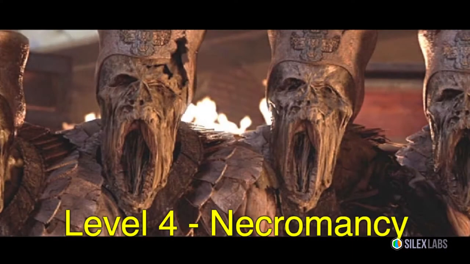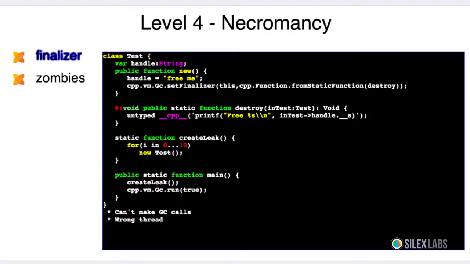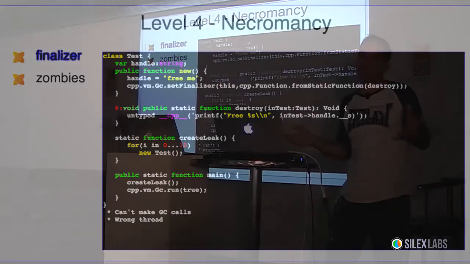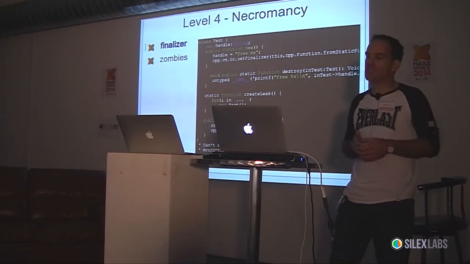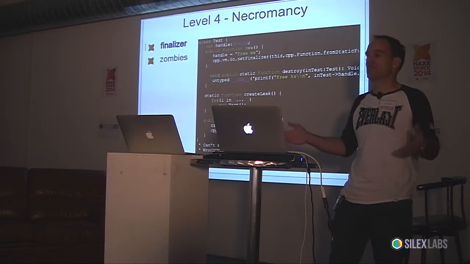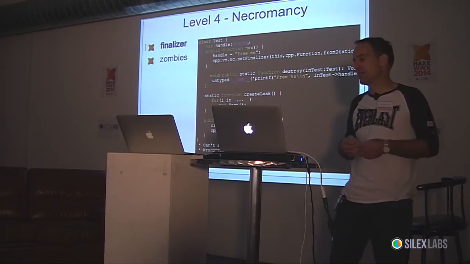So level 4 is necromancy, which is an important concept. Having created a pointer, and if it's a C++ pointer, and you've done C++, you know that you're going to have to delete that pointer at some stage. Now, one possibility is just to let the developers delete the pointer explicitly, saying, you know, you must call delete on this pointer if you allocate it.